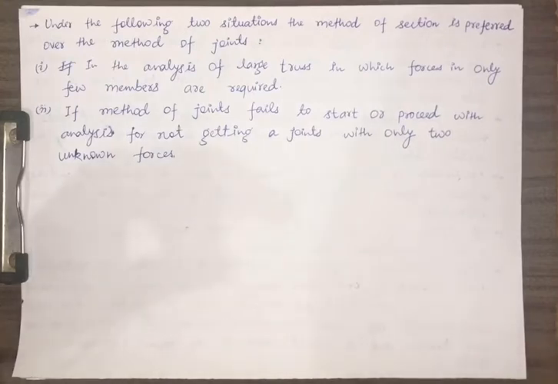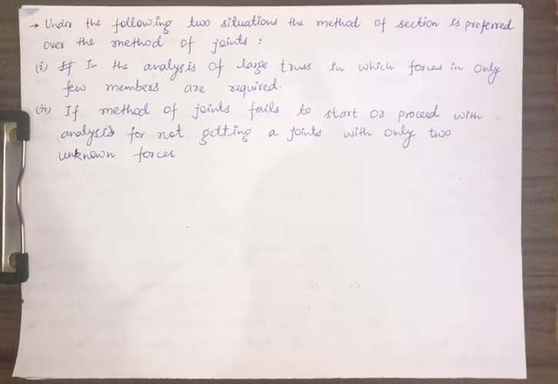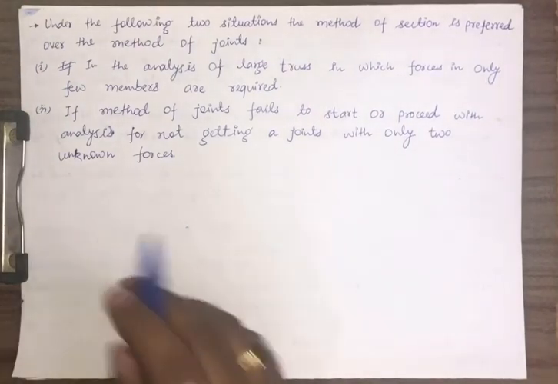When trusses are very large or the problems are very complex, the truss can be solved partly by the method of joints and partly by the method of section. We are free to use either method, or both in the same problem. So let us solve one problem.